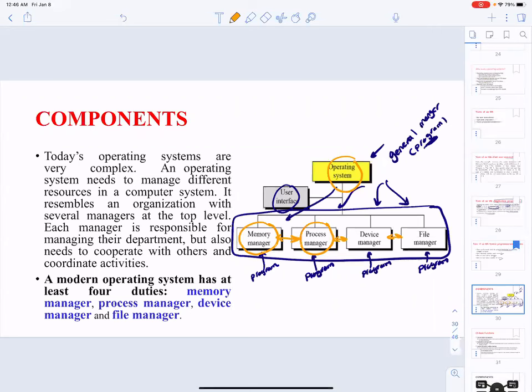Recently, when we look at modern operating systems, they have at least 4 managers. Do we see more? We do have other managers, especially when it comes to security issues related to real-time applications and distributed systems. But for a modern computer, we should have at least 4 components or 4 managers: the memory manager, the process manager, the device manager, and the file manager.